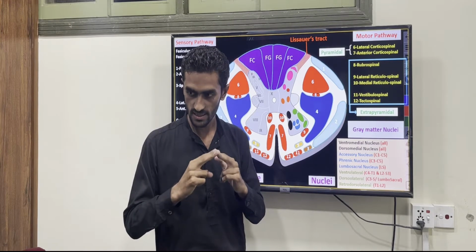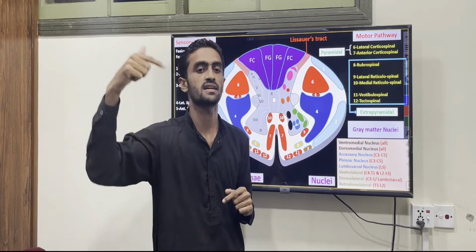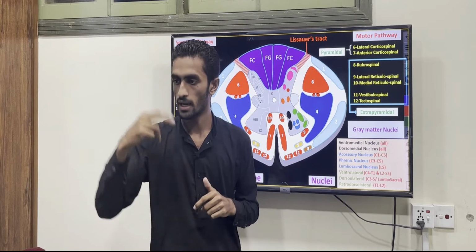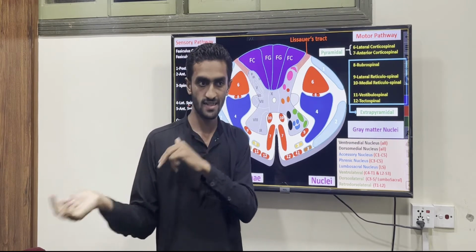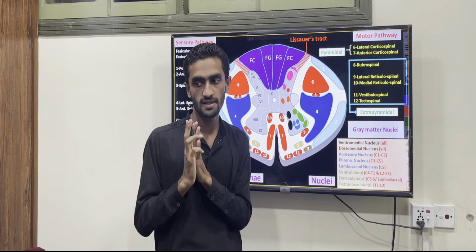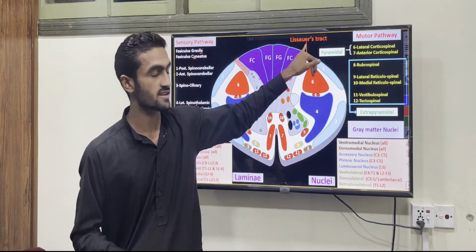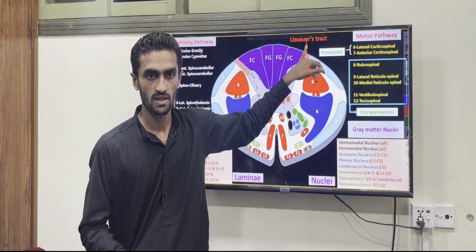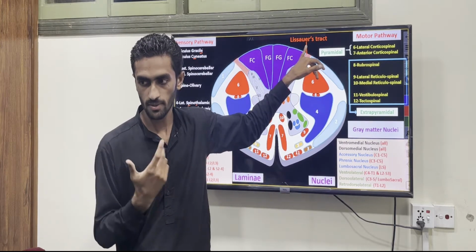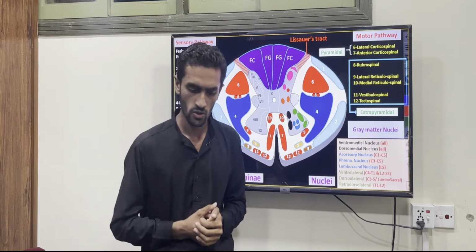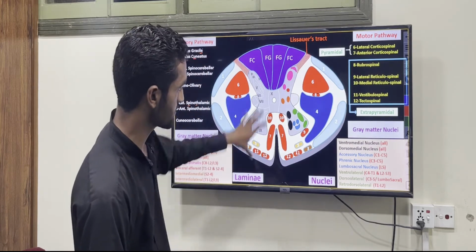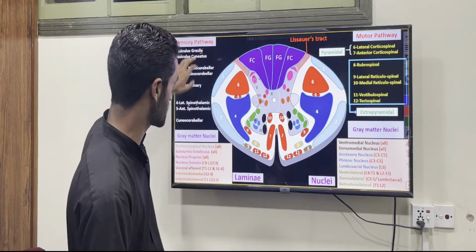They rest here for 1 or 2 segments, meaning they cross at the level of 1 or 2 segments above. So if T6, they have to cross at the level of T8. Their relay actually forms the lesser tract, 1 or 2 segments for spinothalamic. So just remember, you need to focus right here.